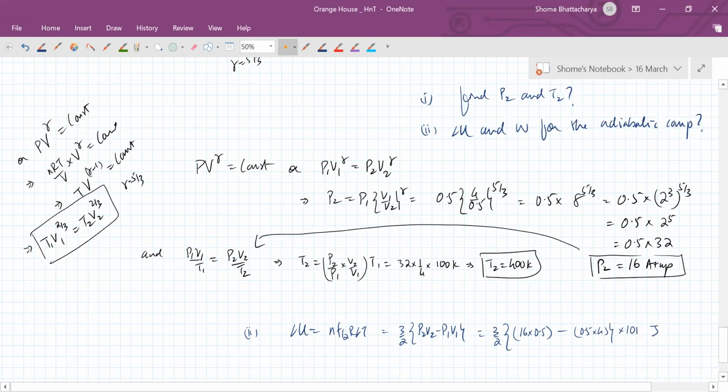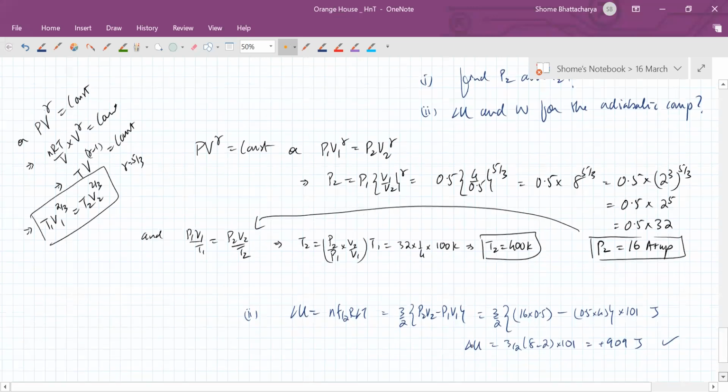So into 101 to convert it to joules. Okay, so the internal energy is increasing by this much.